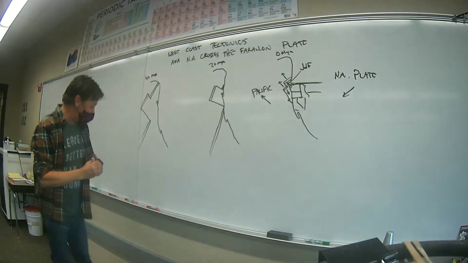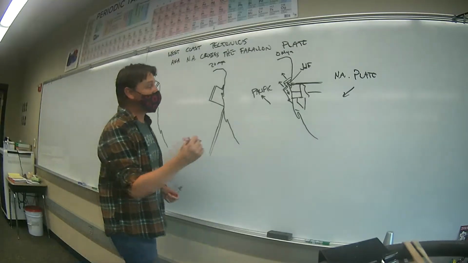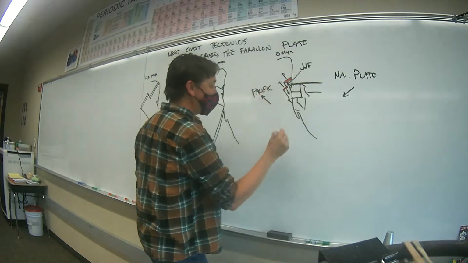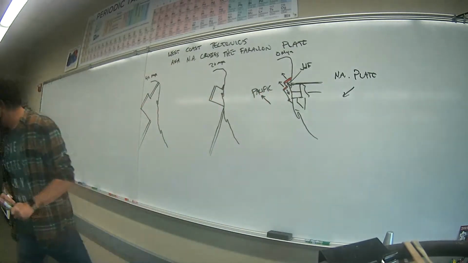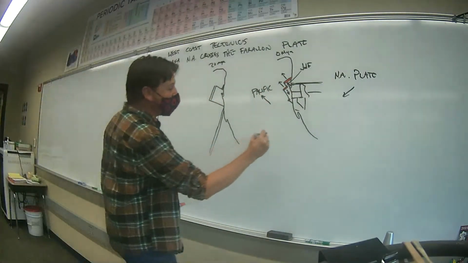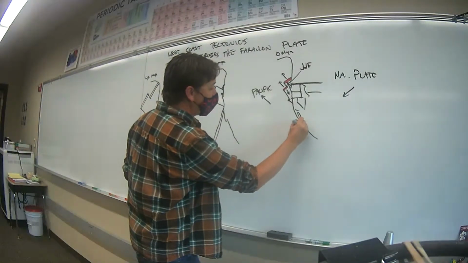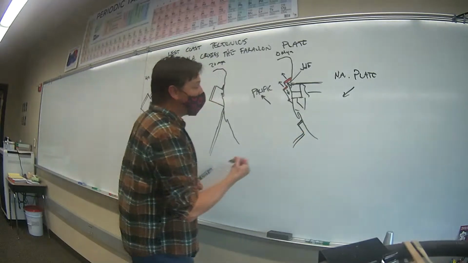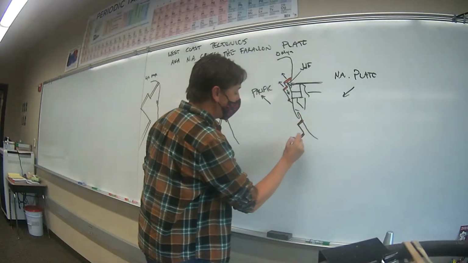Opening up like that. So we had a divergent plate boundary here, here, a little bit there, and also a little bit of the East Pacific Rise down here. Also divergent. Get that in red.